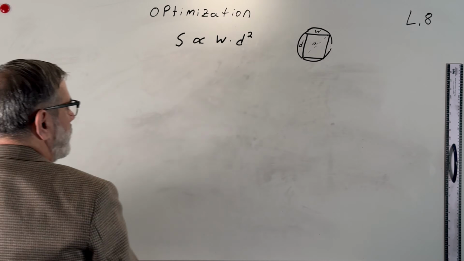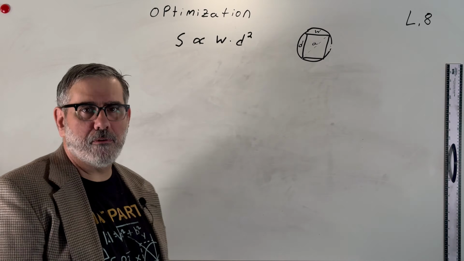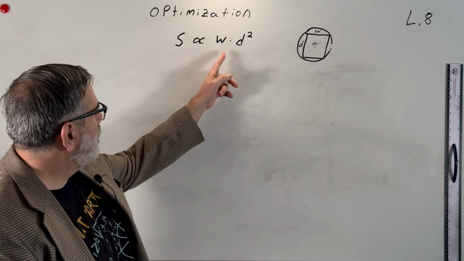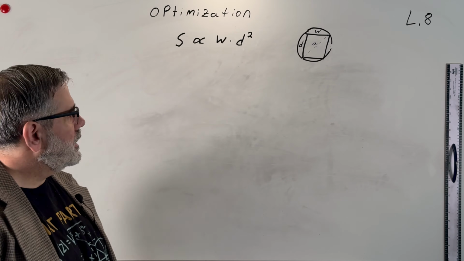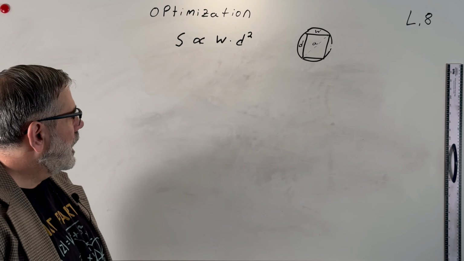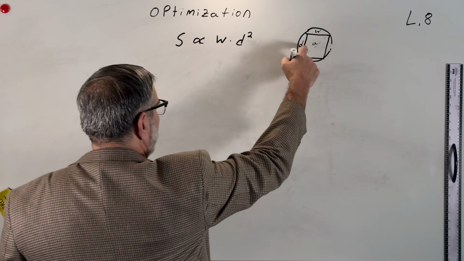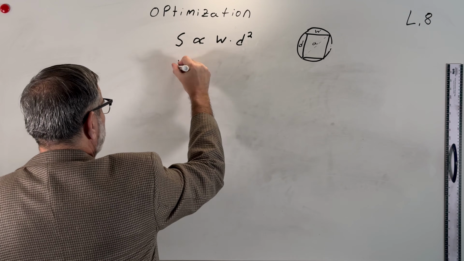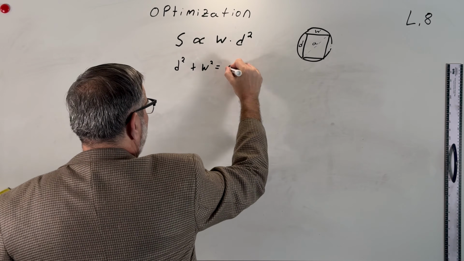So again, we've got a picture here, and we have the formula that we're going to optimize, but we have 2 independent variables, the width and the depth. So we need to find another relationship to eliminate one of these independent variables. The Pythagorean theorem says that d squared plus w squared is equal to a squared.